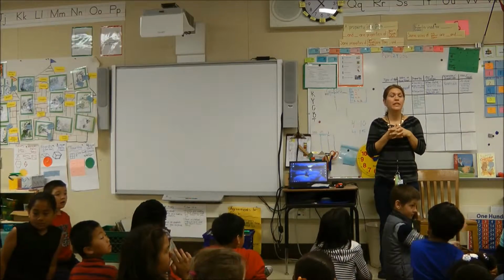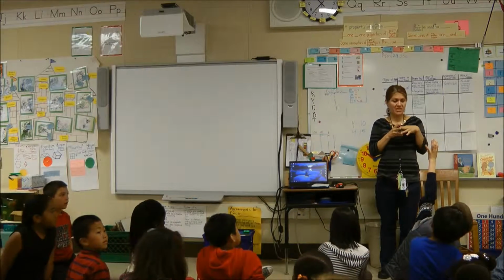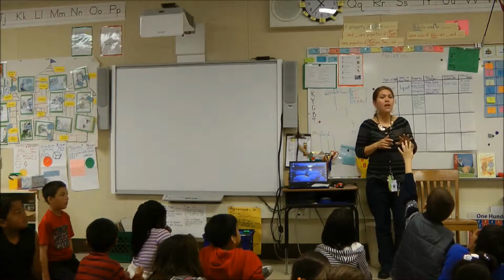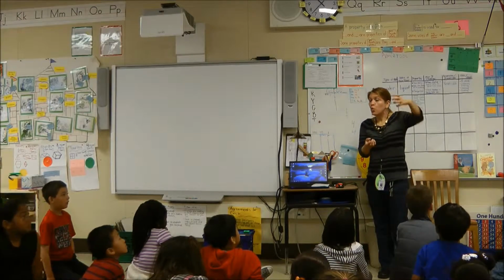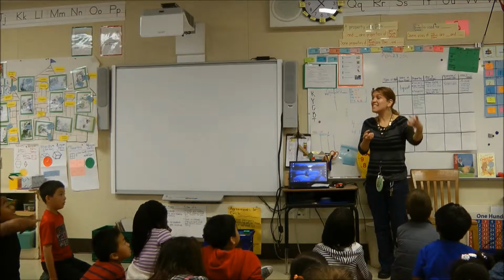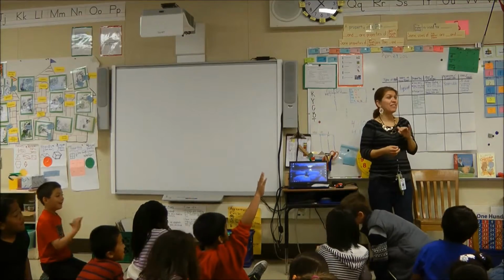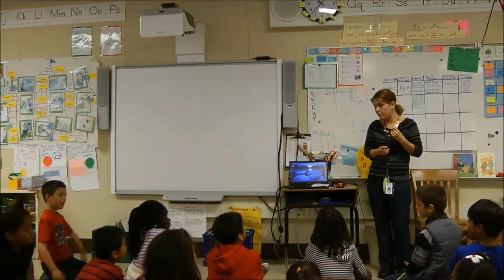I heard some really great ideas. Some people said, touch it, feel if it's wet. Other people said we can pour it and see if it flows easily. And I see lots of people have the same idea. Yes, Xander?